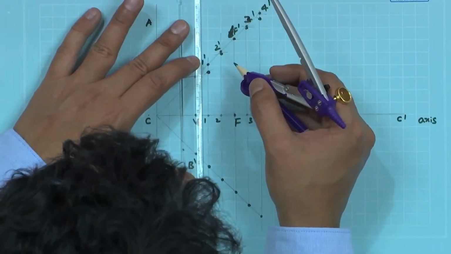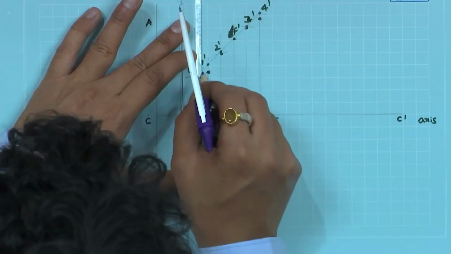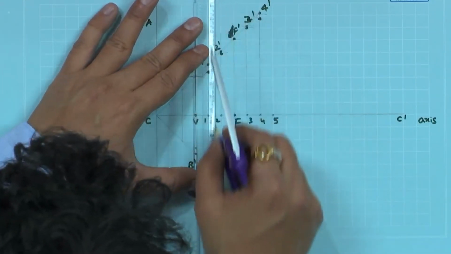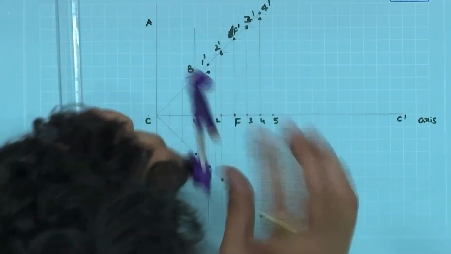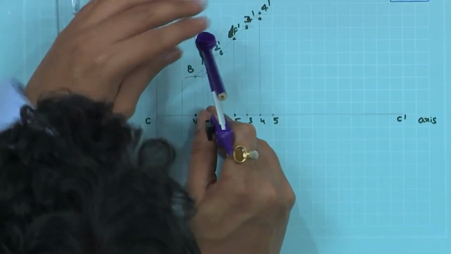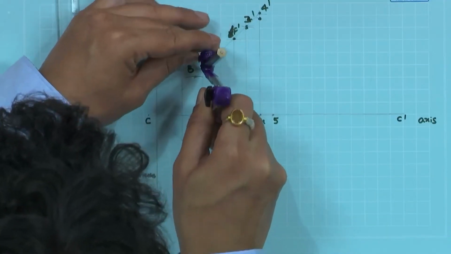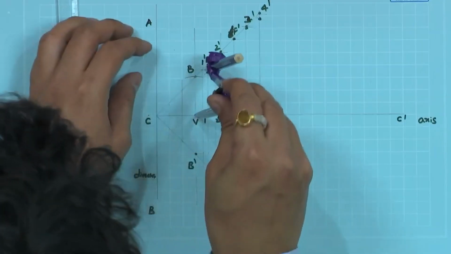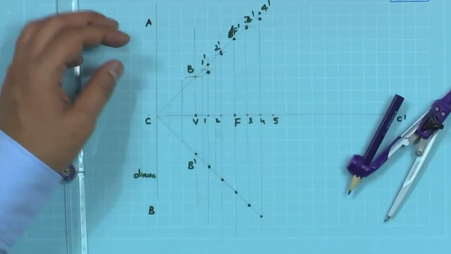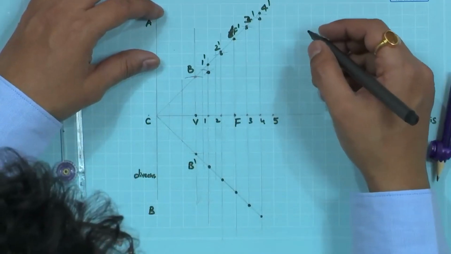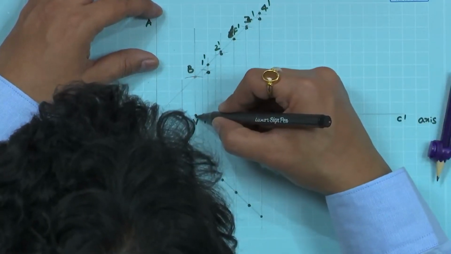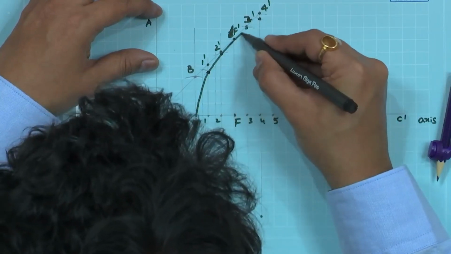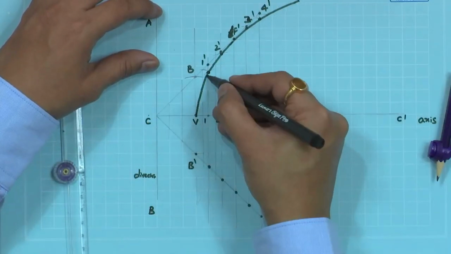Any middle points we can always construct to improve the accuracy. Measure this one all the way to this one, so that from F we see where it intersects. If we join these points, in that way it goes.